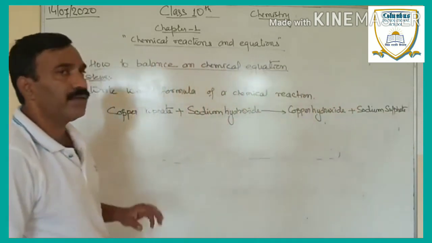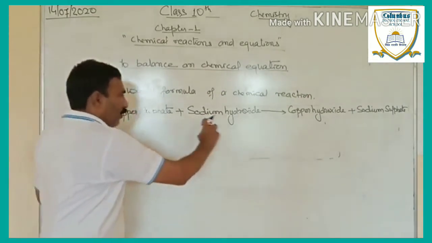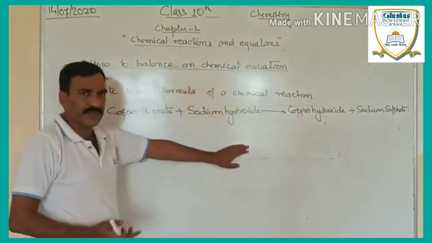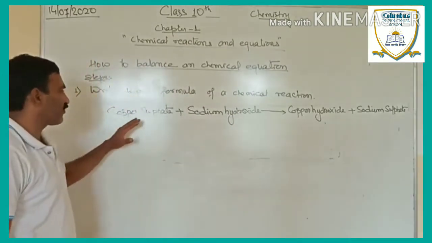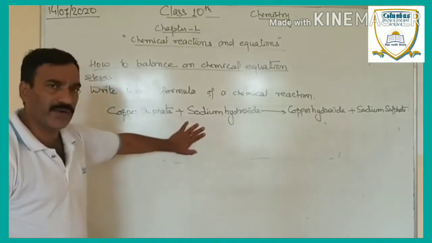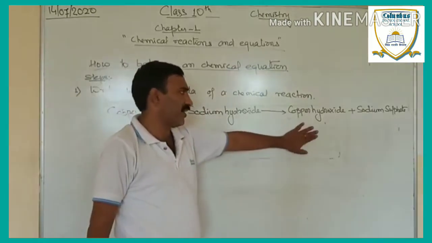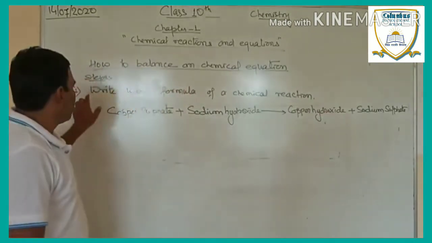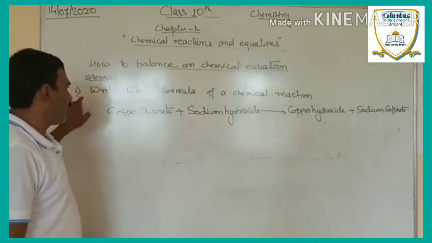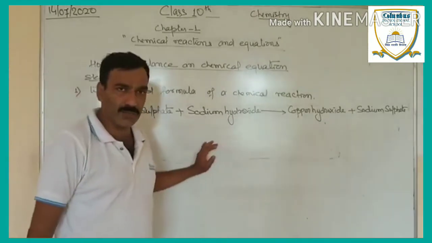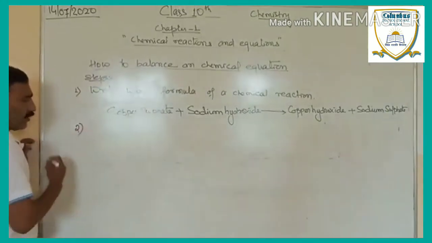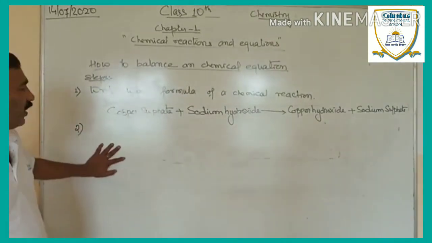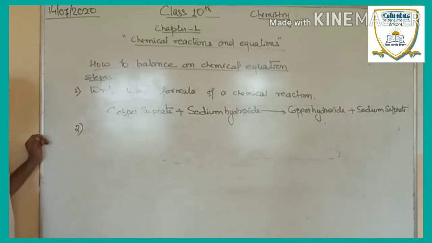This is the first step. This was the information about what reaction takes place between copper sulfate and sodium hydroxide. As products, copper hydroxide and sodium sulfate are formed. So this information, as the first step, I have written as the word formula.